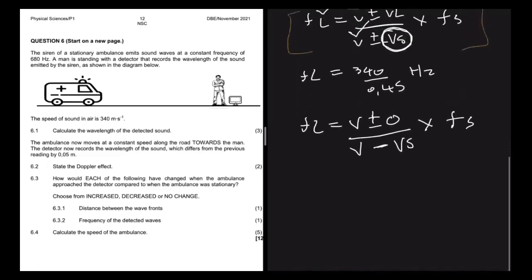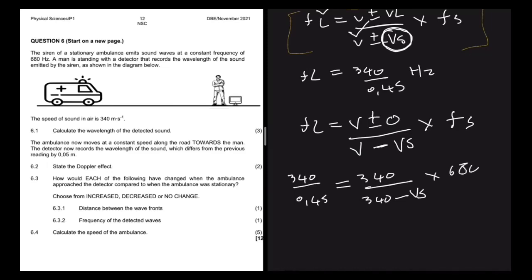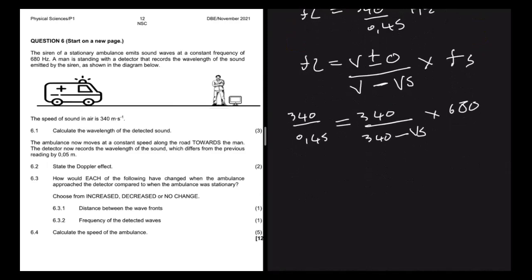And then the frequency of listener, we say that is 340 divided by 0.45, and then V is 340, then plus or minus 0, we don't have to put anything there. So we have 340 again minus velocity of source multiplied by 680 Hertz. Now when you get to this step, it's just a matter of how you want to solve the mathematics, right?